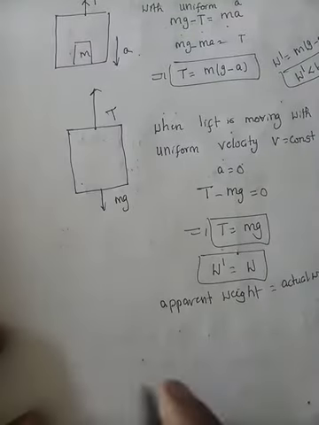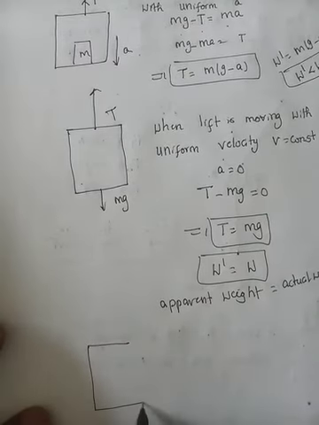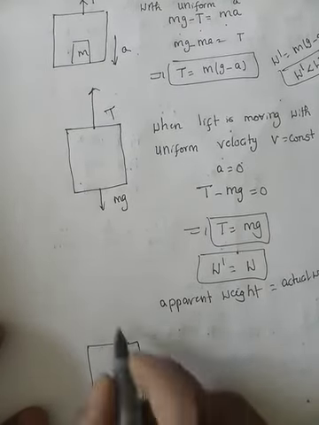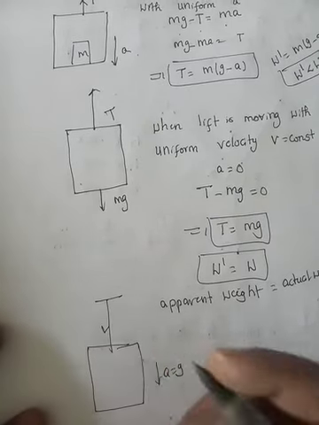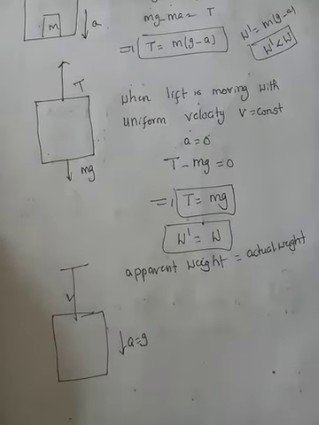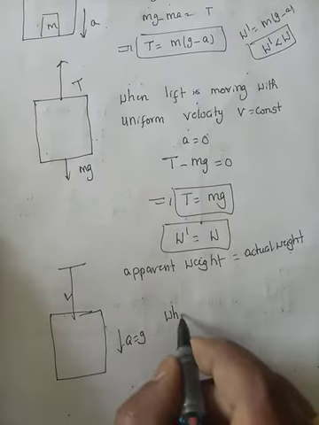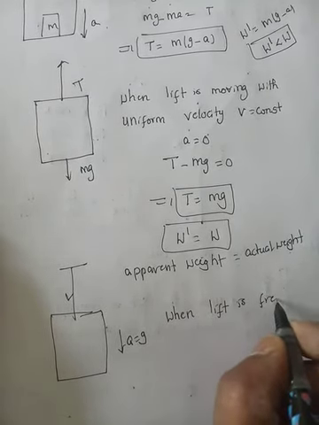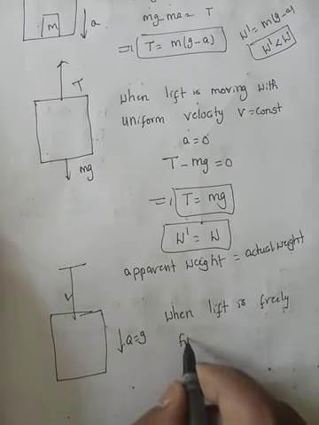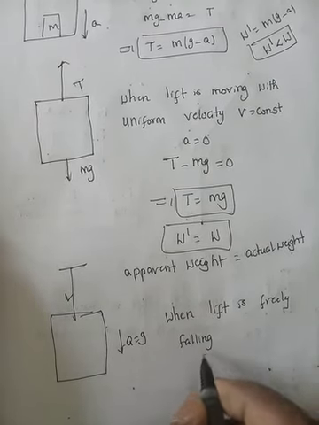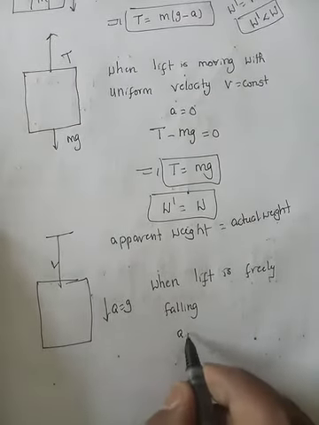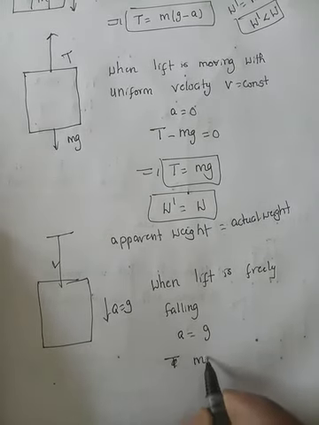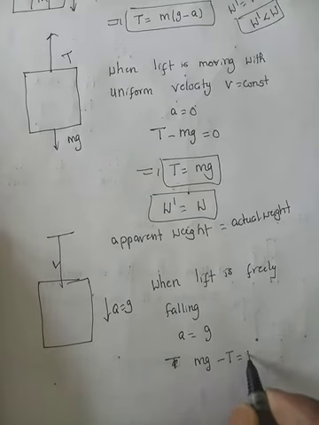Next, last condition, when the lift is freely falling, meaning it is falling under acceleration due to gravity, there is no tension in the wire. The wire is cut off. When the lift is freely falling, a equals g. Now mg minus T equals ma.